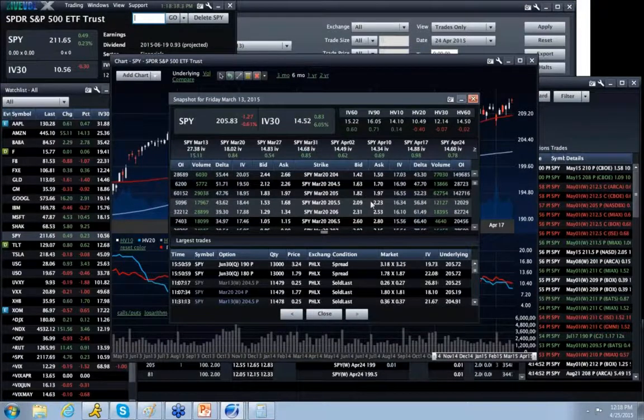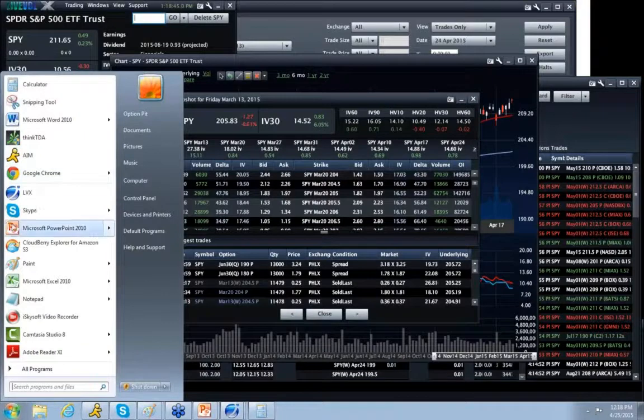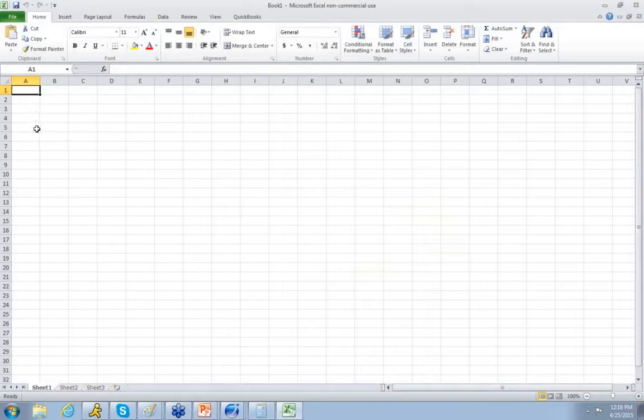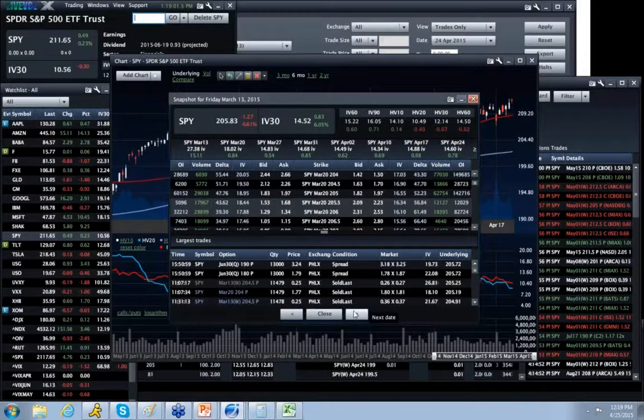I could do the 205 and a half and collect 220. So we could do that. Sell the 205 put at 220. We'll keep score on this. 205 put, 205, and I collect 220. Go to the next week.